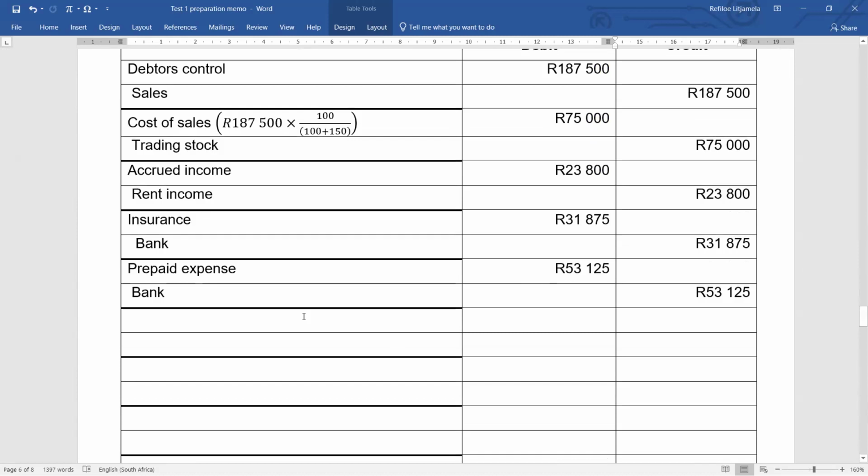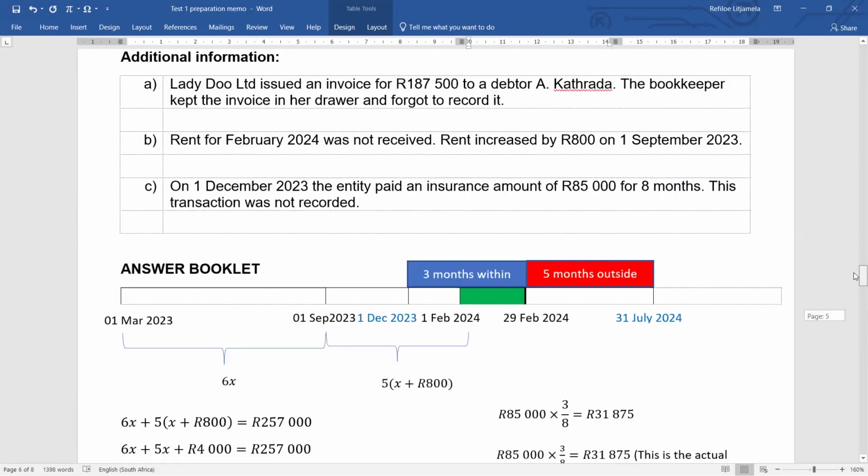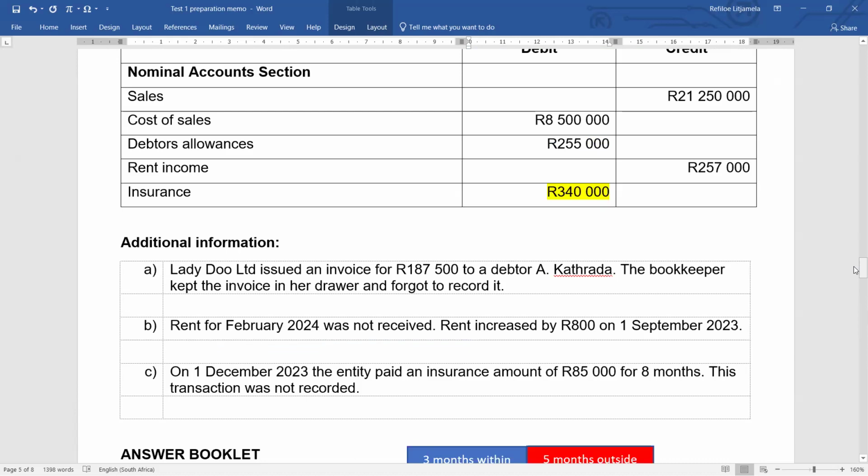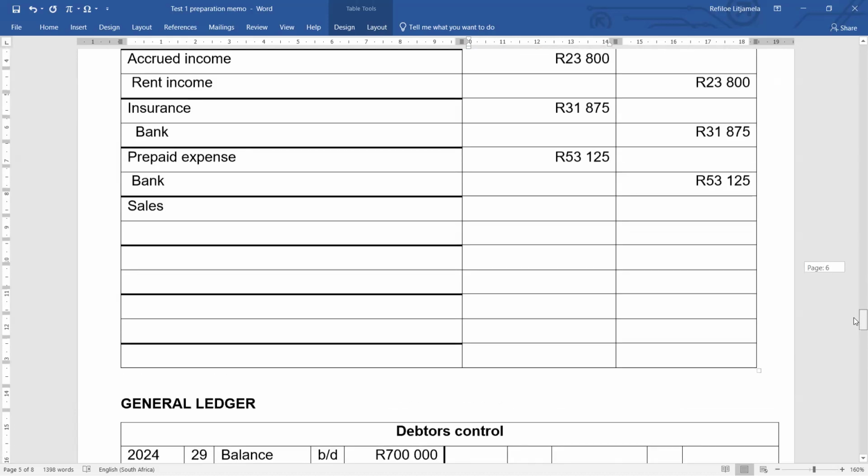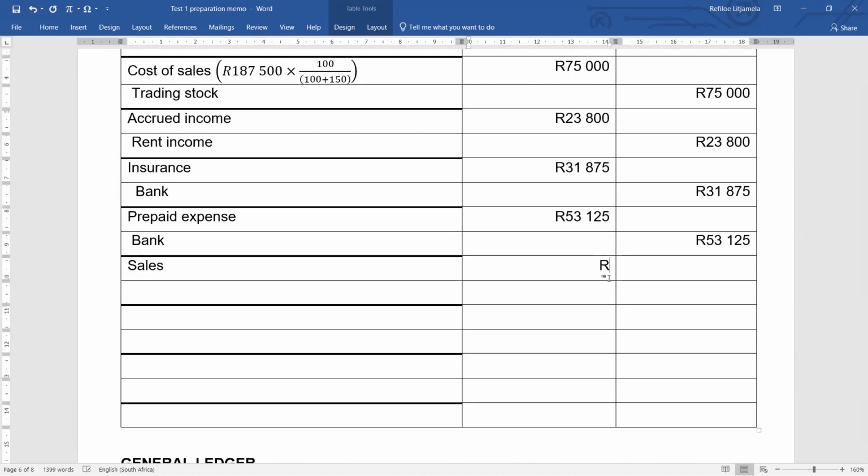I will call it a closing transfer. So you will take it to sales. It was 255,000. I will take it straight to sales because there were no extra debtors allowances. So it's 255,000.